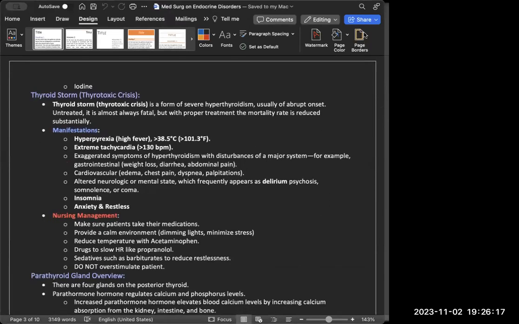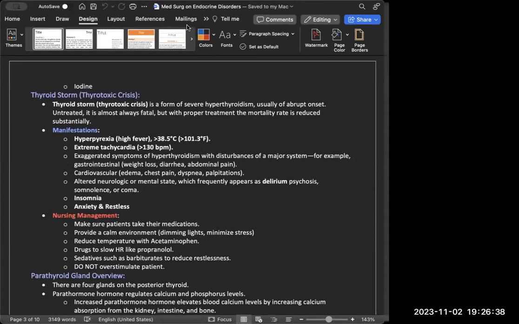So we have thyroid storm, which I said is a very, very severe form of hyperthyroidism. Okay. So basically, it can be fatal. So they're like overly stimulated. So if I said that a myxedema coma in a hypothyroid patient is CNS depressive like effects, right?